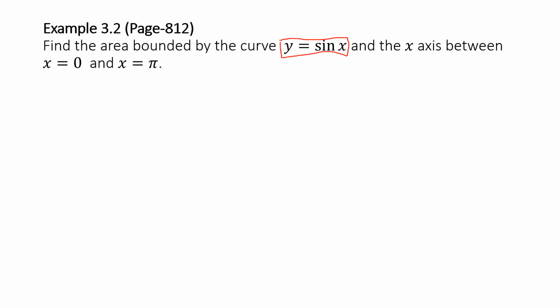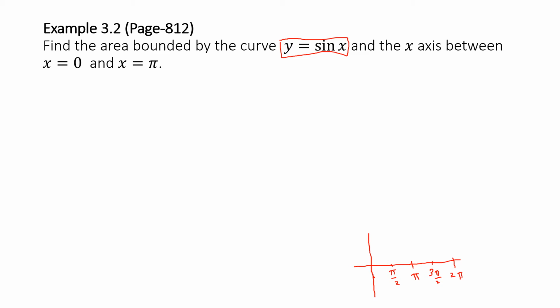It goes from 0 to pi and 2 pi, so this is pi by 2 and this is 3 pi by 2.